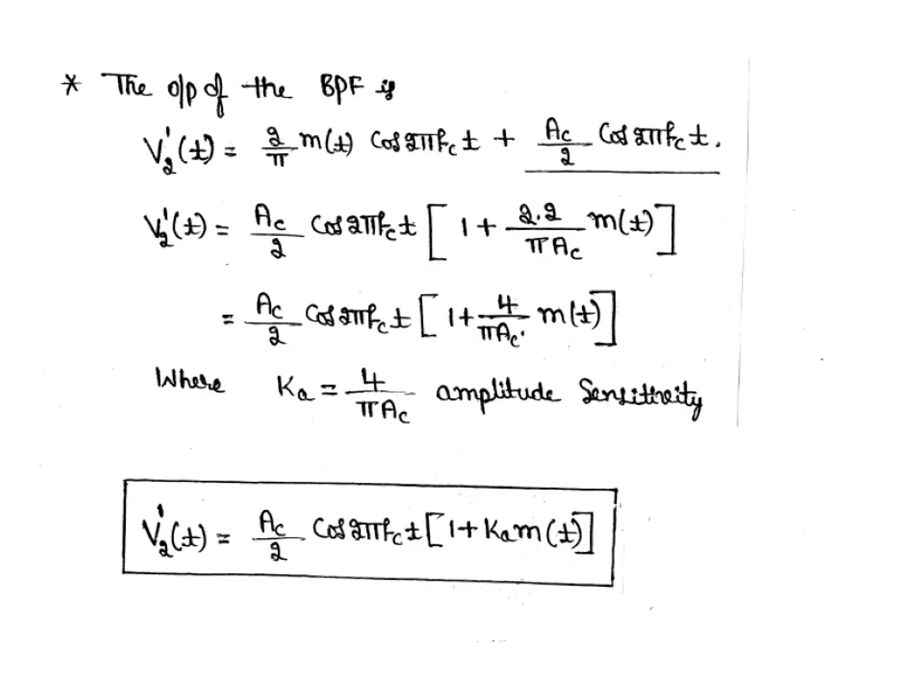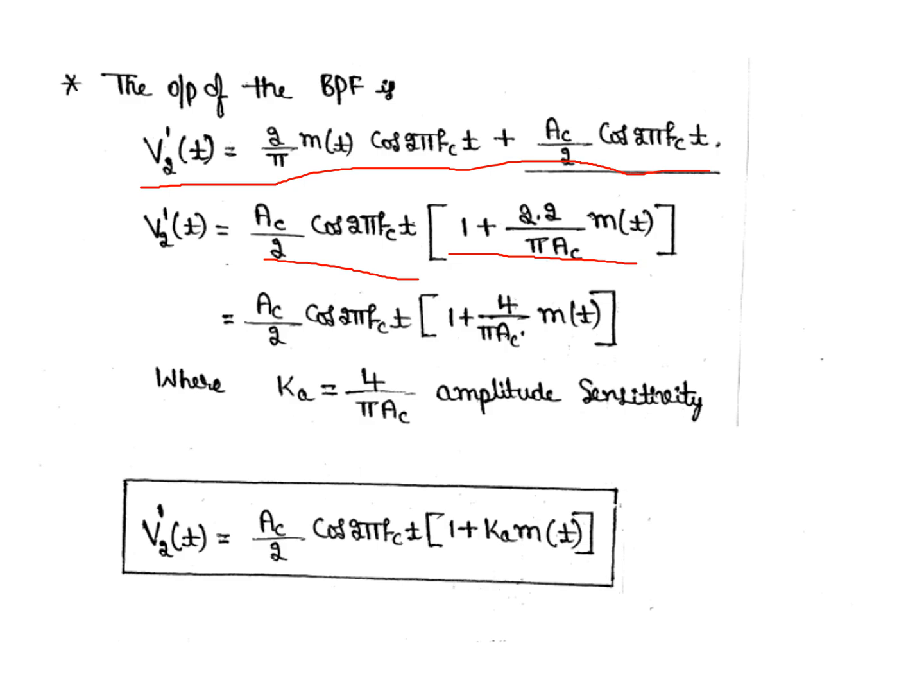Here you can observe the output of the bandpass filter, V2 dash of t, is equal to 2 by pi m of t cos 2 pi Fc t plus Ac by 2 cos 2 pi Fc t. Taking Ac by 2 cos 2 pi Fc t common, the remaining term inside the bracket is 1 plus (4 by pi Ac) m of t.